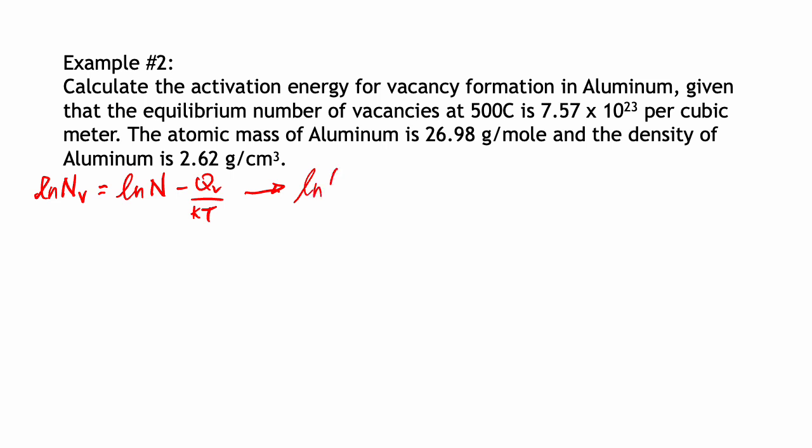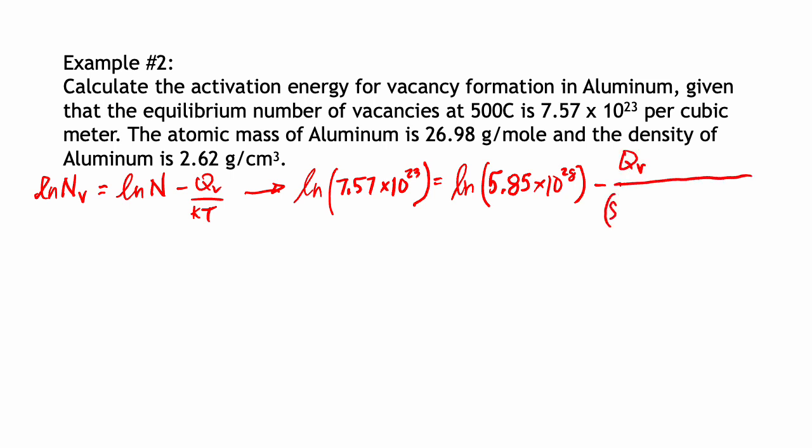So the natural log of N sub V, 7.57 times 10 to the 23rd, is equal to the natural log of N, and I have for N 5.85 times 10 to the 28, minus Q sub V, that's my unknown, divided by 8.62 times 10 to the negative 5 times 773. Adding 273 to the temperature in Celsius.